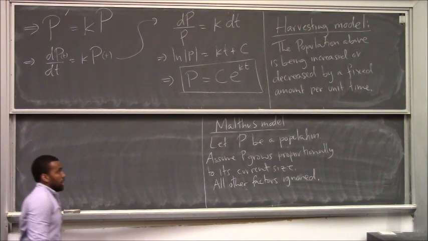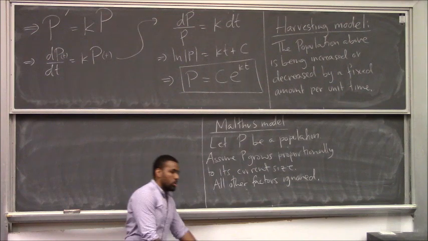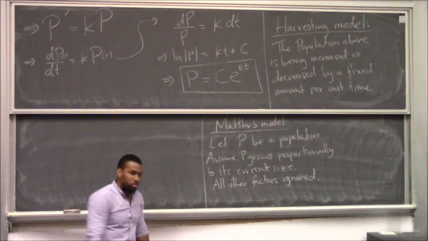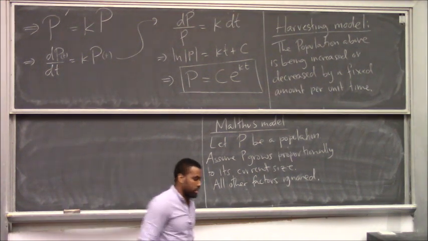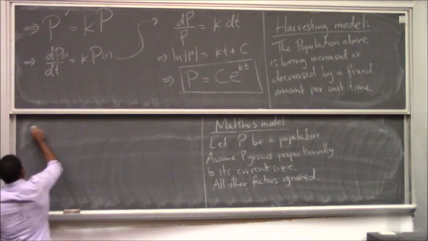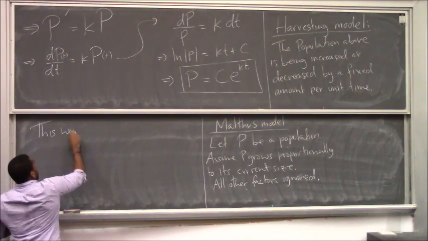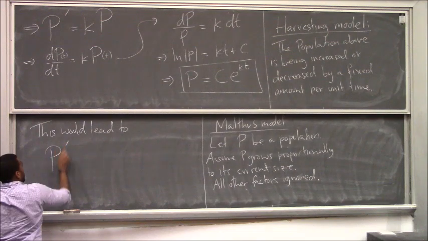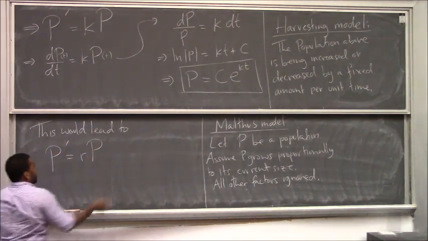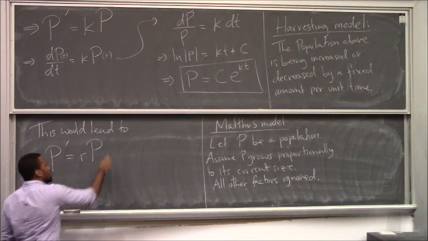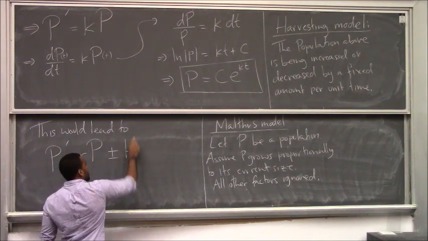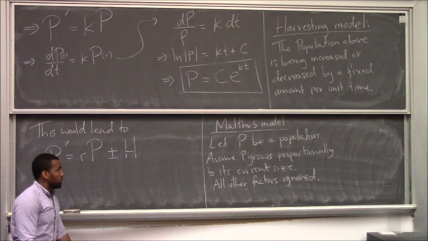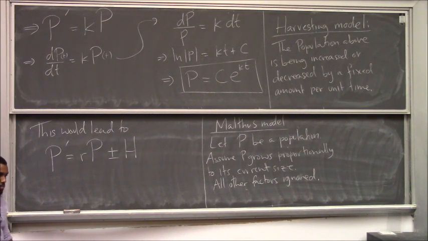So let's say there's this population that's growing, but there is something happening over here, and we have a bunch of refugees rushing into this population, and we're measuring the average rate at which people are coming in. And this would lead to this kind of differential equation. Proportionate to its current size, but we're either adding or subtracting some individuals to that population from some outside source.